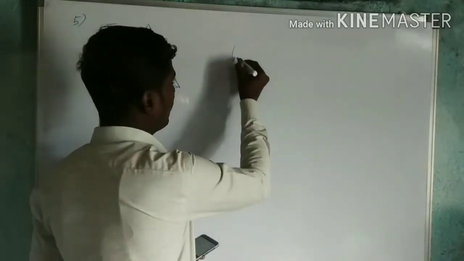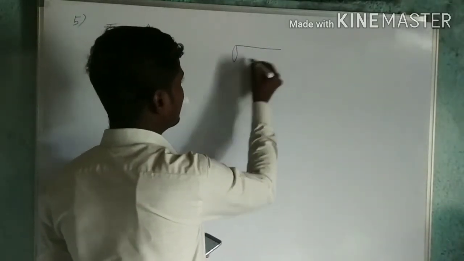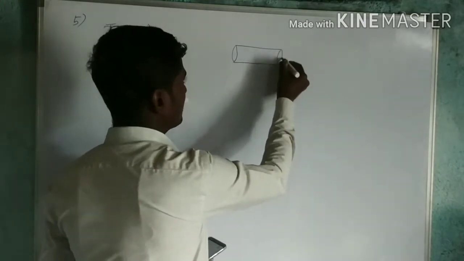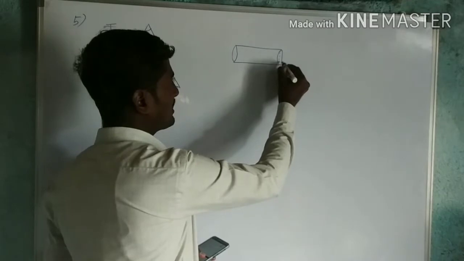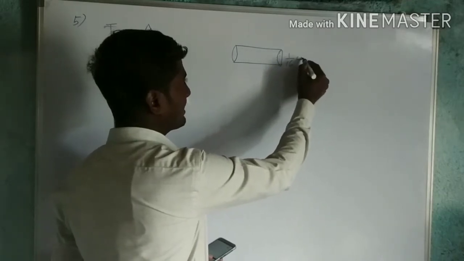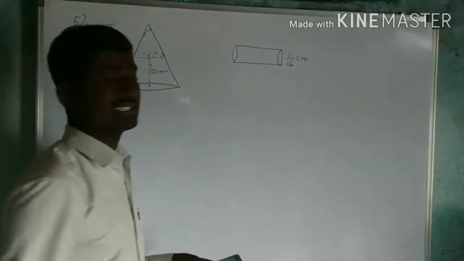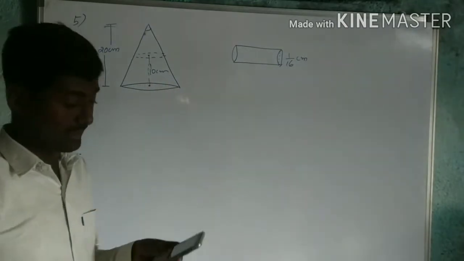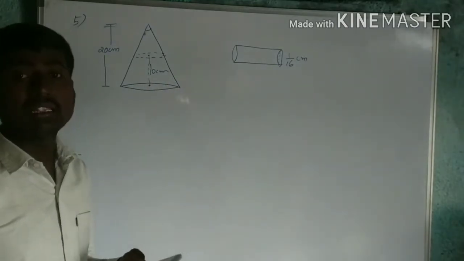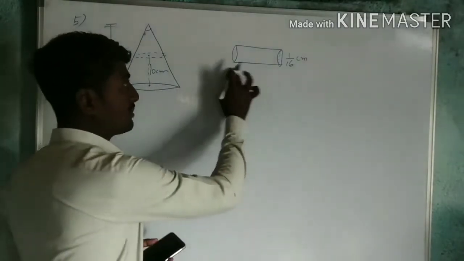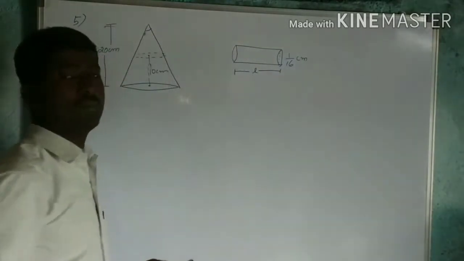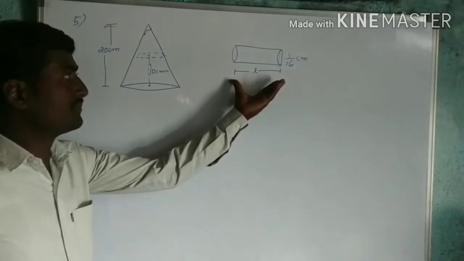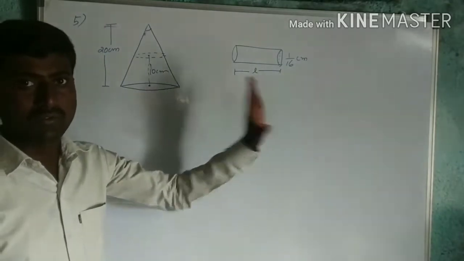Usually we know wire is in the shape of a cylinder. So the diameter of this is how much? 1 divided by 16 centimeter. That is the diameter of the wire. Then find the length of the wire. Length of the wire means height of the cylinder, we have to find.